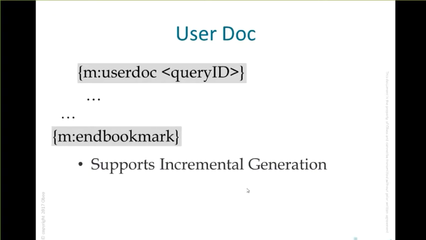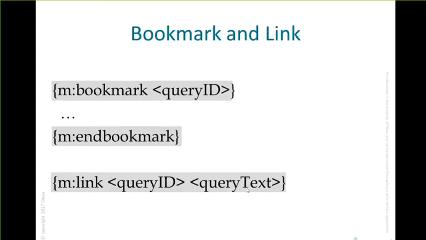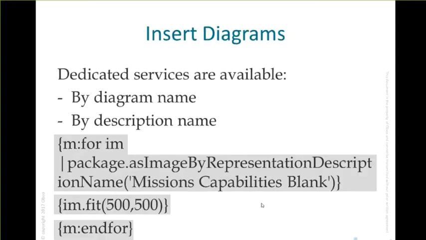So that supports incremental generation. It's possible to generate bookmarks and links, which are mechanisms in Word that allow to easily navigate when you open the Word document from one element to another location in the document that is bookmarked. So this is the syntax to use. I will not detail it further.